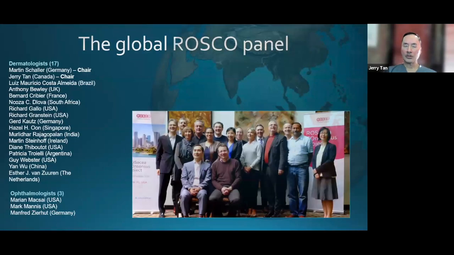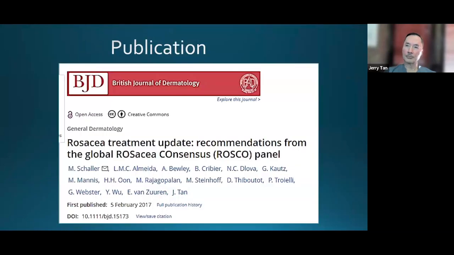The Global Rosacea Consensus Panel was gathered to try to elucidate some of those diagnostic criteria through consensus voting, and then a face-to-face meeting for clarification of any of the propositions. It encompassed 17 dermatologists from across the world and 3 ophthalmologists to help us pin down the criteria for ocular rosacea as well.